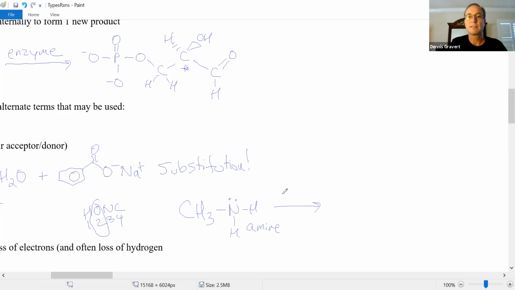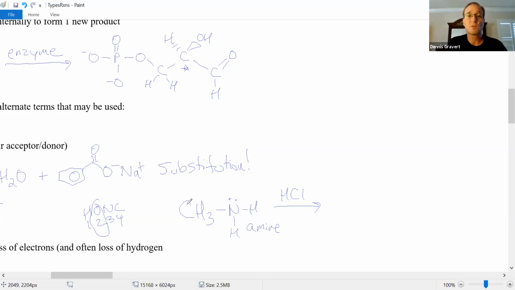And then let's add hydrochloric acid. Ooh, what's the name of this molecule? Hydrochloric acid. You might remember from general chemistry that the amines, you may not have called them that. You may have called them compounds of nitrogen in general chemistry.